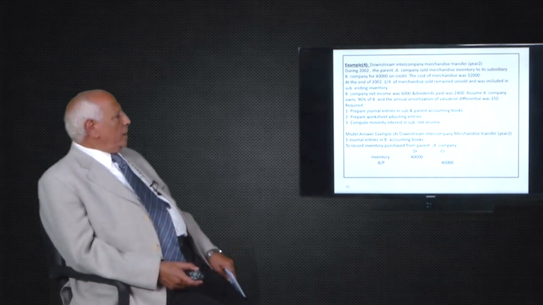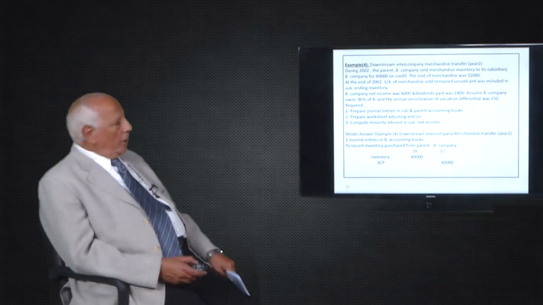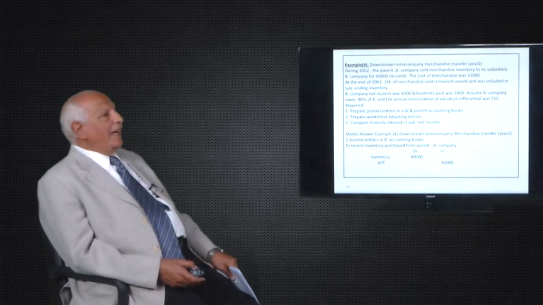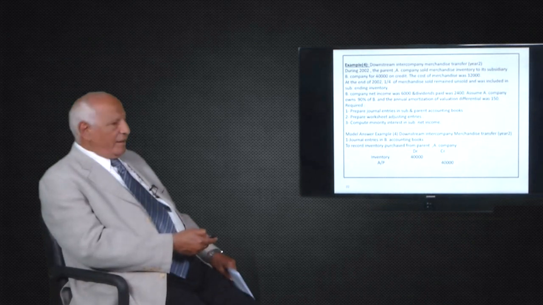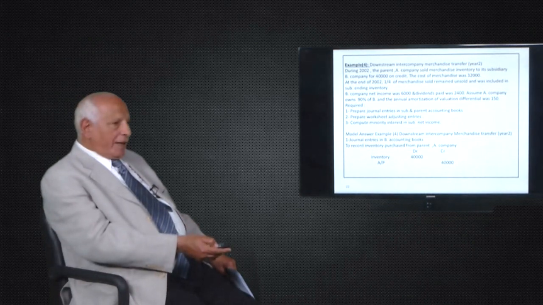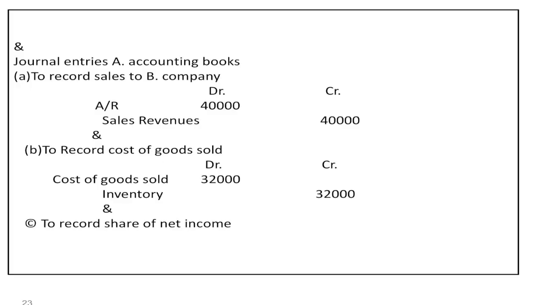First, the journal entry in B's accounting books to record the inventory purchased from A, that's company B. They're going to debit inventory and credit accounts payable, because B is a buyer. Journal entries in A's accounting books.